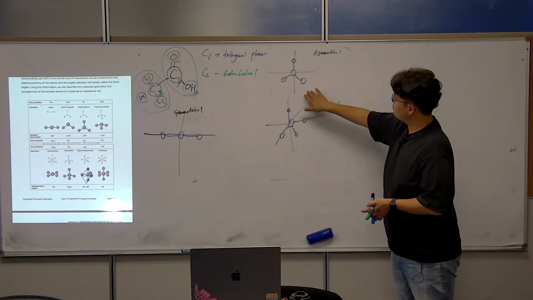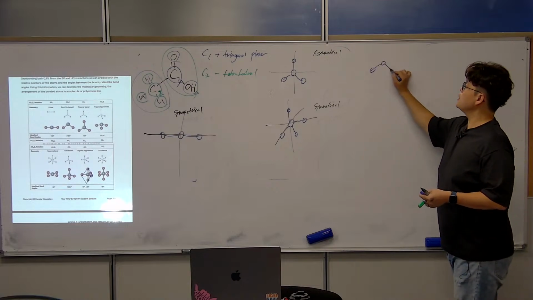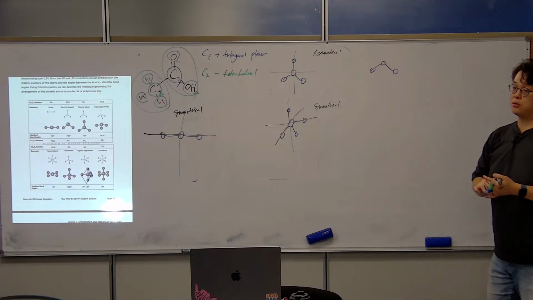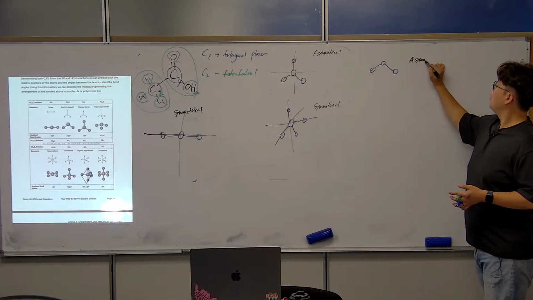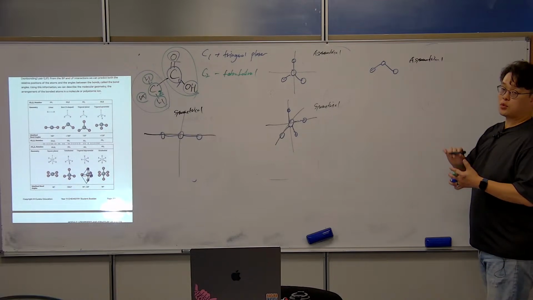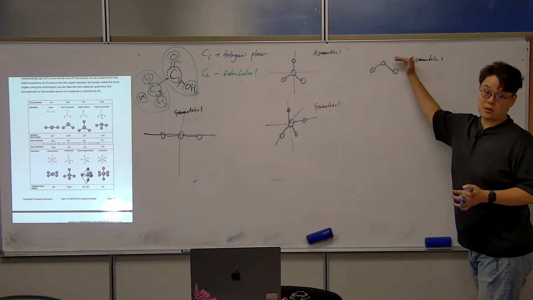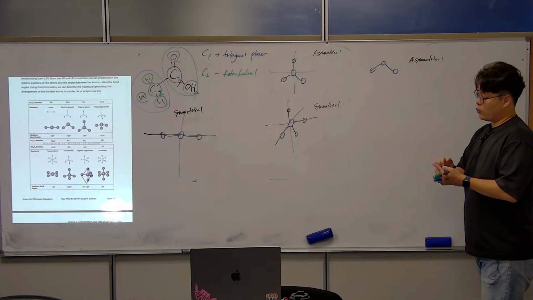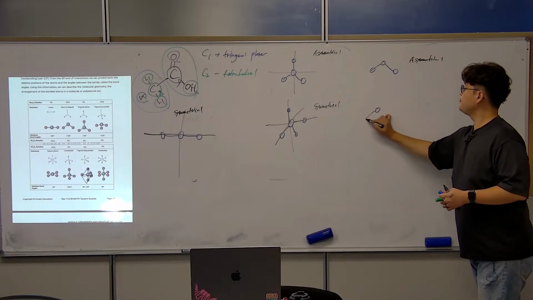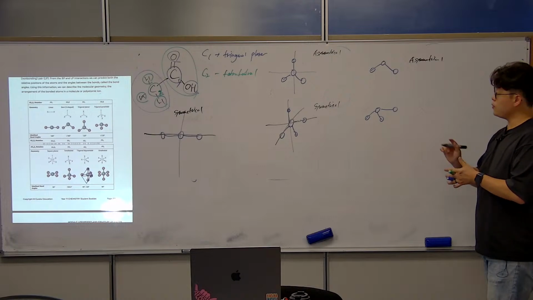Compare that to the bent shape. Bent is a typical example of asymmetrical, because it might be symmetrical vertically, but not horizontally. Another one is trigonal pyramidal. That is also known to be asymmetrical.